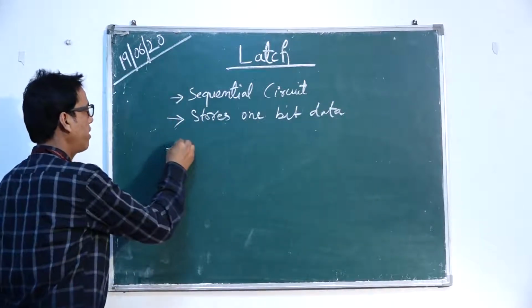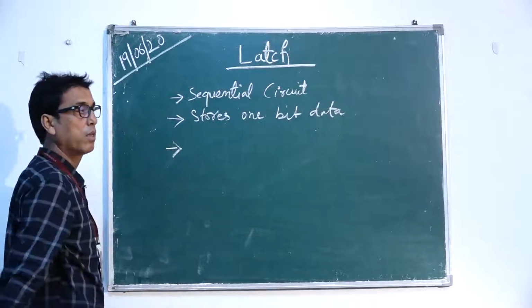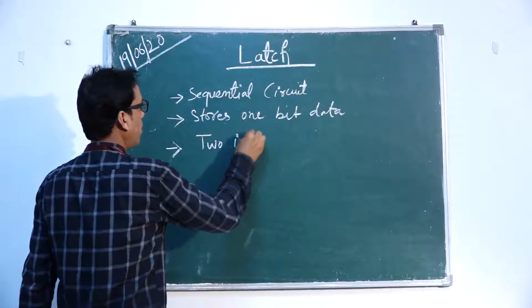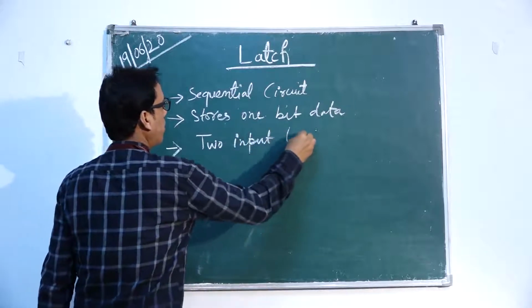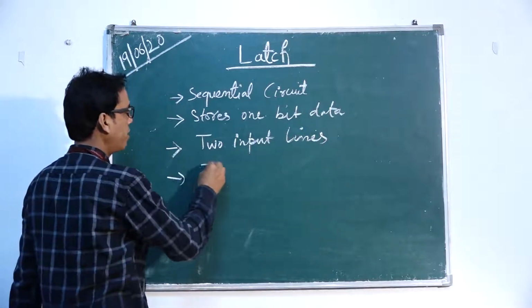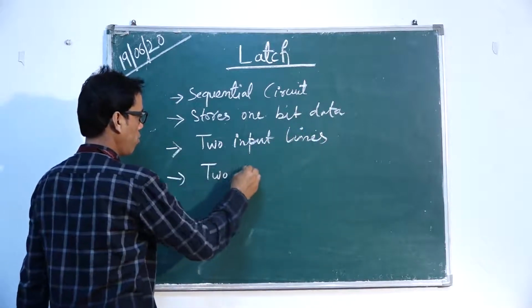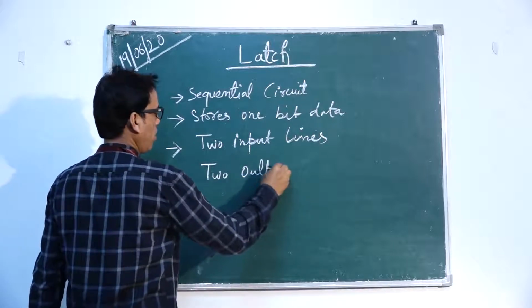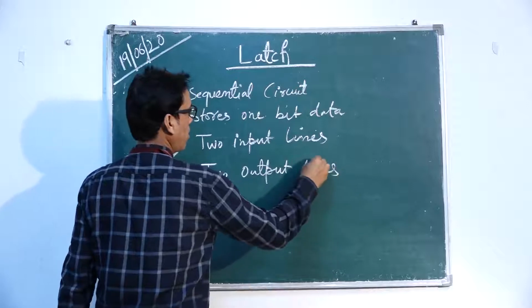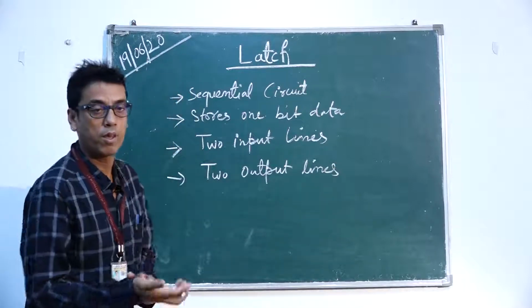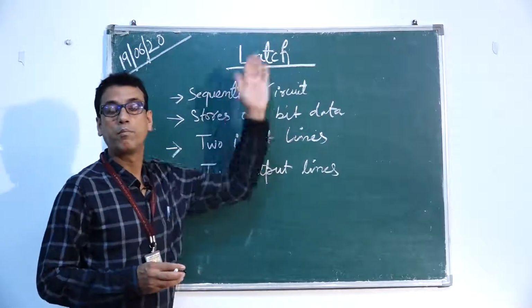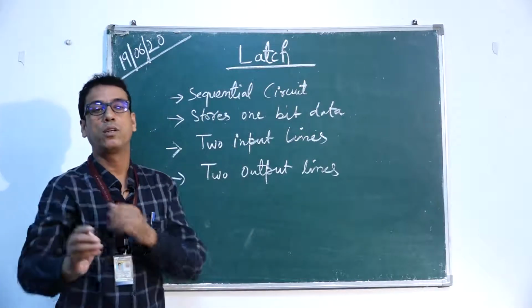The third point, 2 input lines, and the fourth point, 2 output lines. See, these are the main points related with latch.